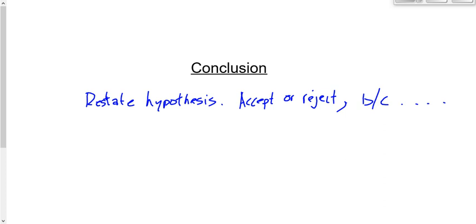You're going to accept or reject your hypothesis based on what you get in your graph. All right? So restate it, accept or reject it, and then tell me why you accept or reject your hypothesis. Finally, what comes last? Sources of error. Remember, you want to list 2 or 3, preferably 3 good sources of error, but then include suggestions for improvement.